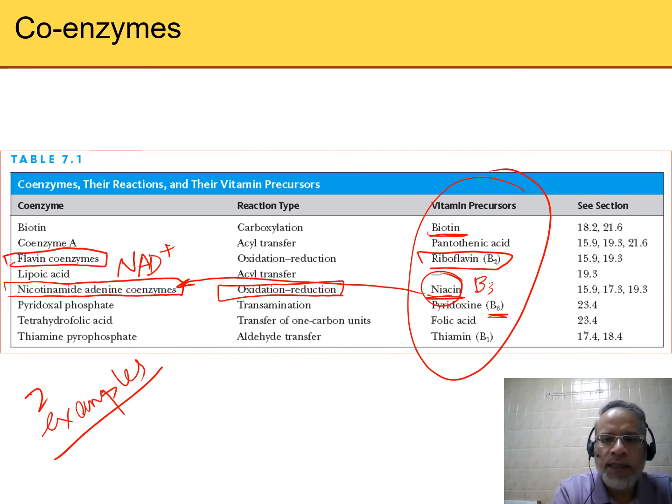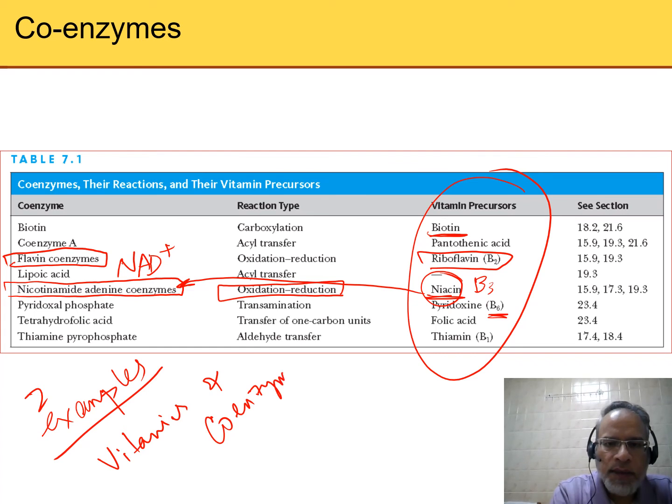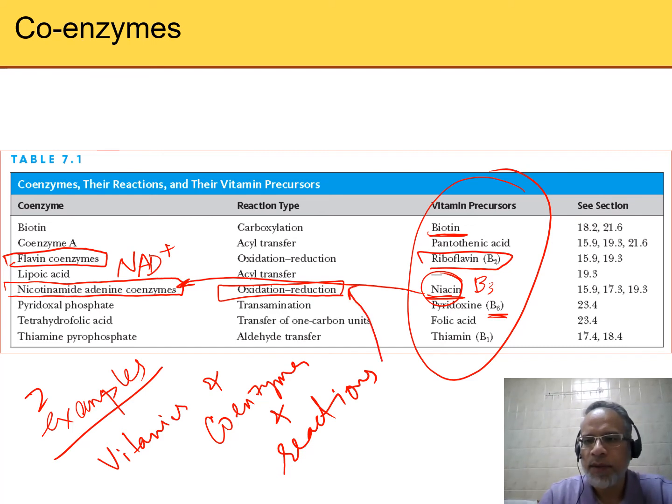You can look at niacin that makes NAD plus. Any two examples of vitamins and the coenzymes they make, and the reactions they carry out, like oxidation reduction reactions. Okay, just memorize that, please.